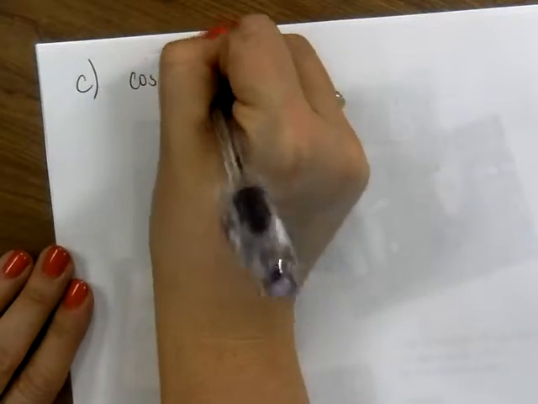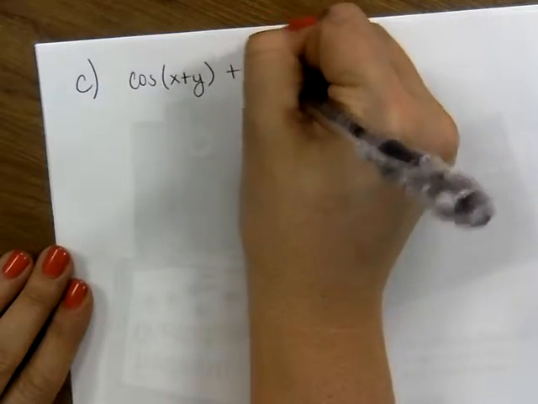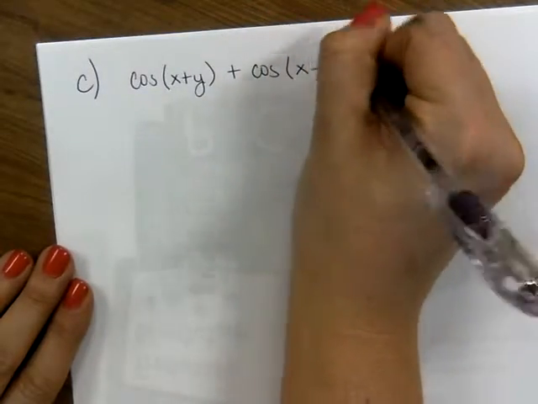This is going to be C, so we're still with the same directions, write as a product. Now we're going to be given the cosine of (x plus y) plus the cosine of (x minus y). Little trickier here, right? Not quite as cut and dry. So, here's the problem with 5.5.